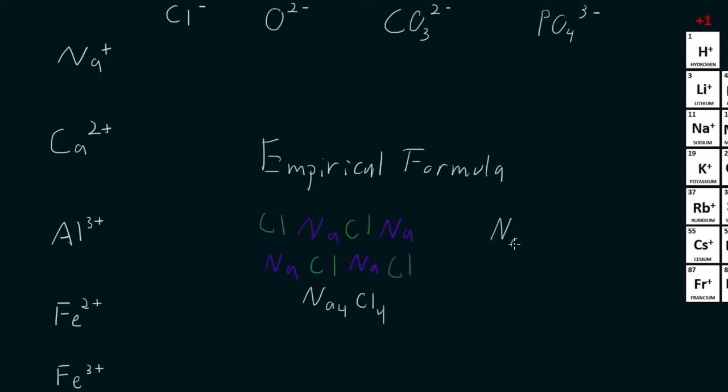I might have Na 6 million, and I don't want to write Cl 6 million. This is a ridiculous amount. So we just take the ratio between these two. And for sodium and chlorine, it's just 1 to 1. NaCl is 1 to 1.